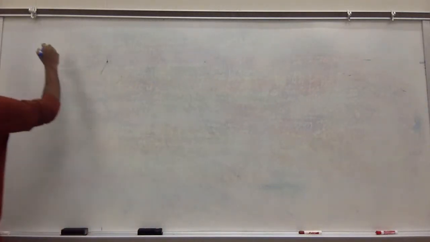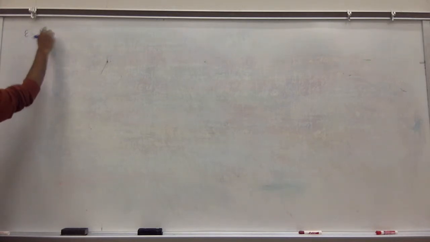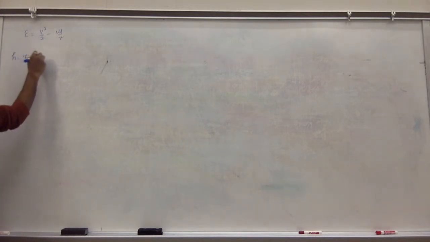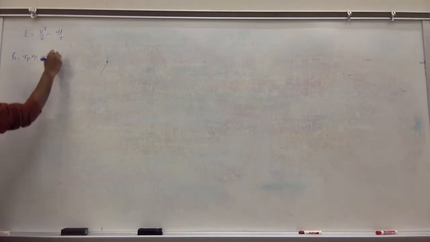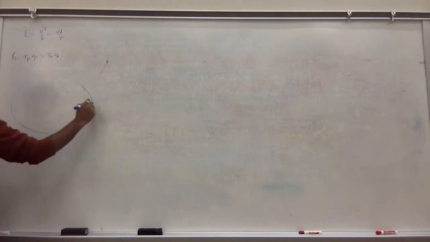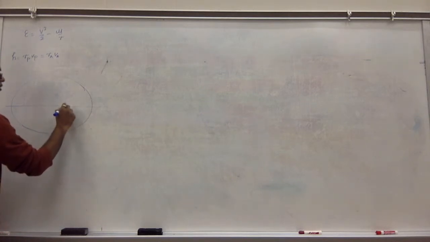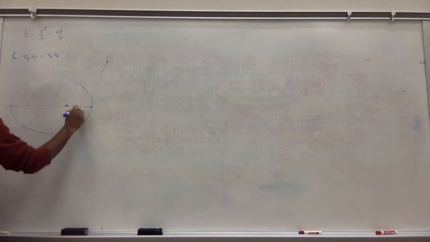So what you had was epsilon is equal to v square over 2 minus mu over r, right? And you're given h is equal to RT VP or RA VA. So what this means is, first of all, if you're considering an orbit, this is RT, right?